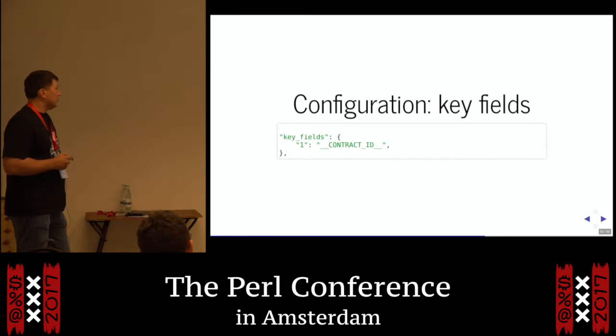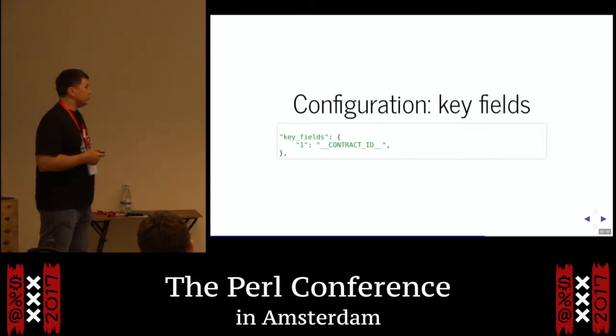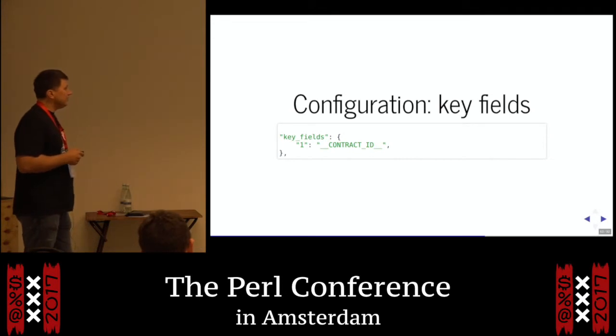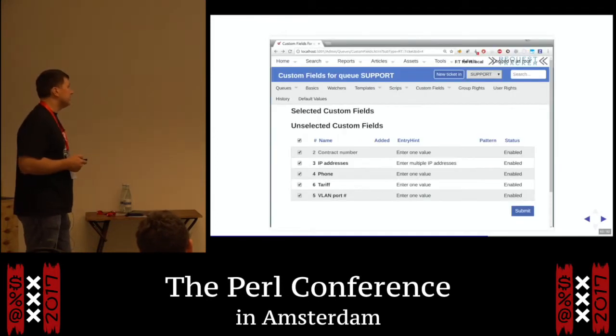This one at the beginning is actually the ID of the custom field. And this contract ID is our own reserved word that will be used in other configuration. It's like a template to replace. It will be replaced with the actual value of the ID field.